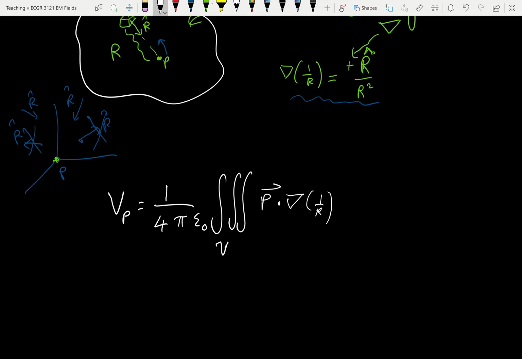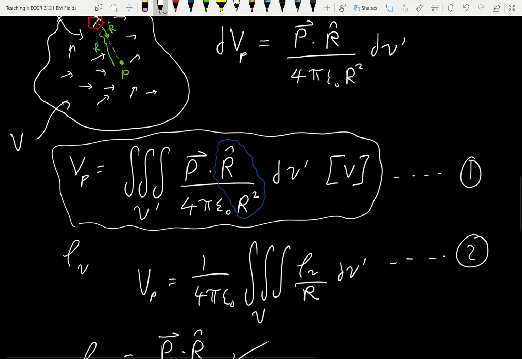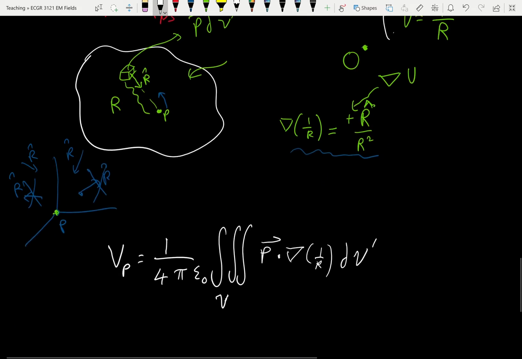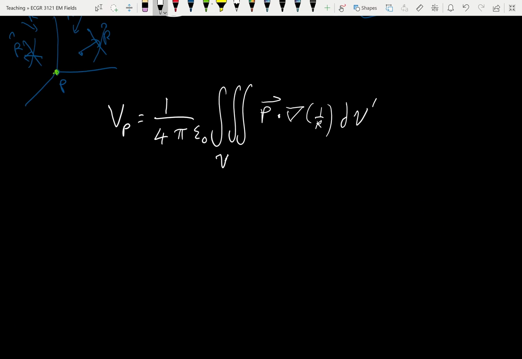P dot gradient 1 over R dV prime. Okay. So this is the new form of the voltage now. The next step is applying the Leibniz rule.